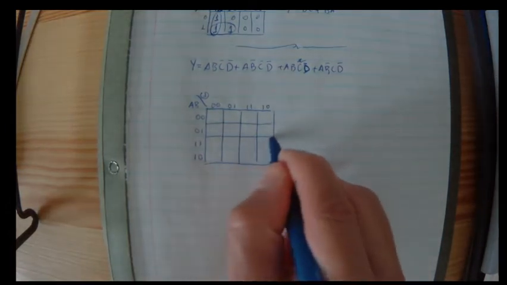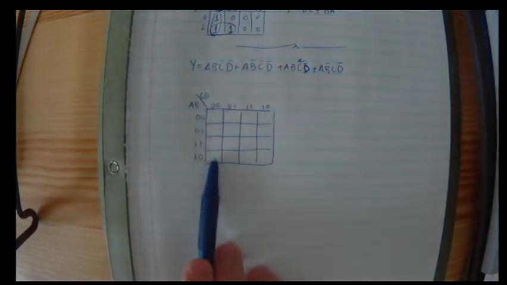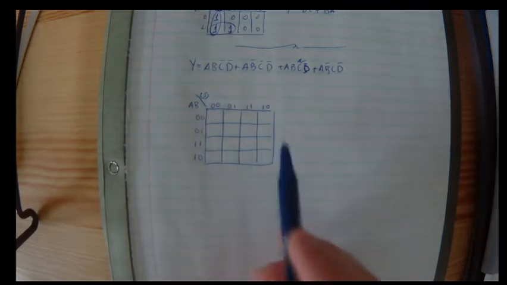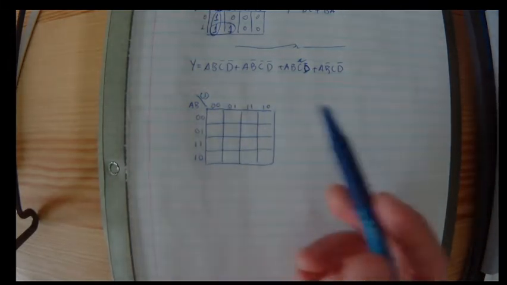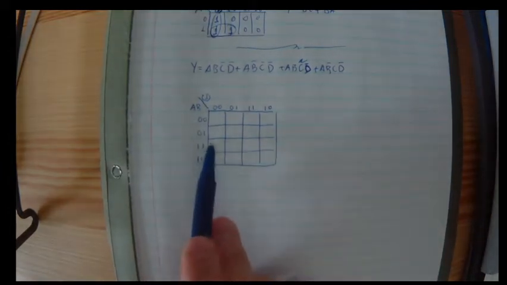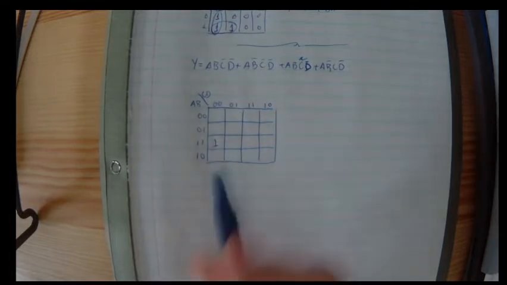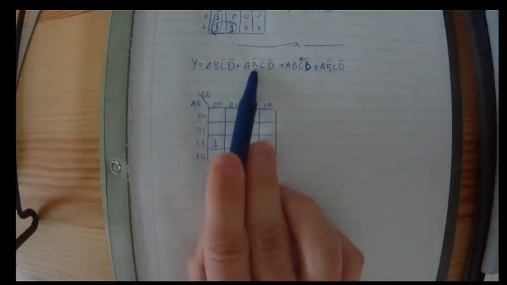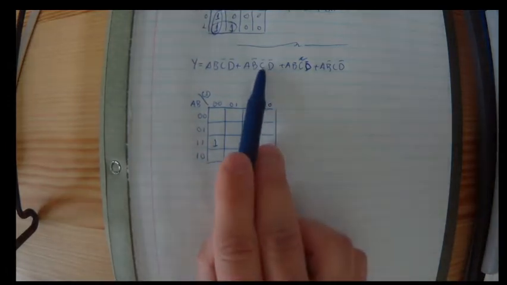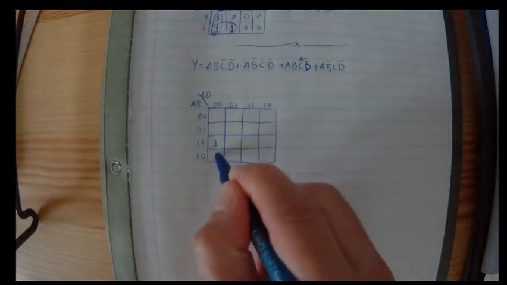We're just gonna write this equation here with the correct terms and see how this can be simplified. So AB is gonna be this line, complement of C and complement of D, so it's 0 0, this one here. So A and complement of B, it's this line here, A is 1 and B is 0, with complement of C and complement of D, so 0 0 is this one here.